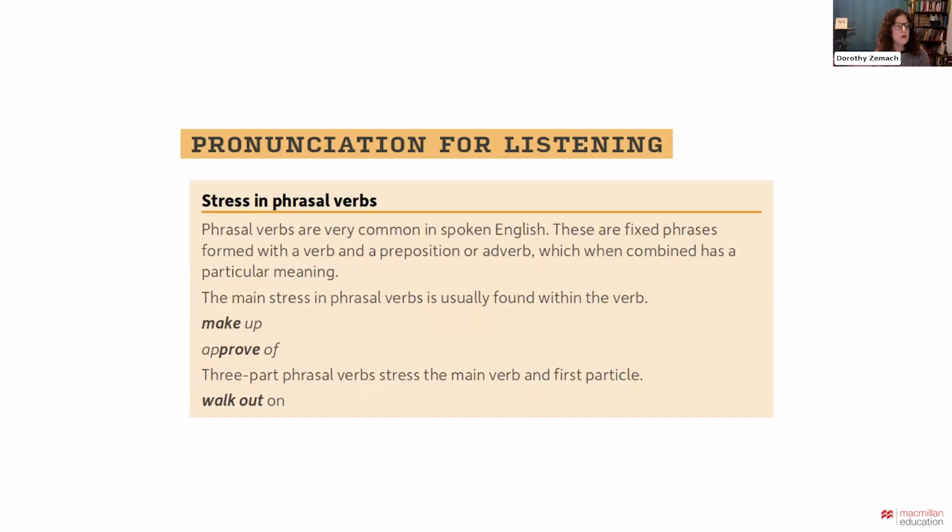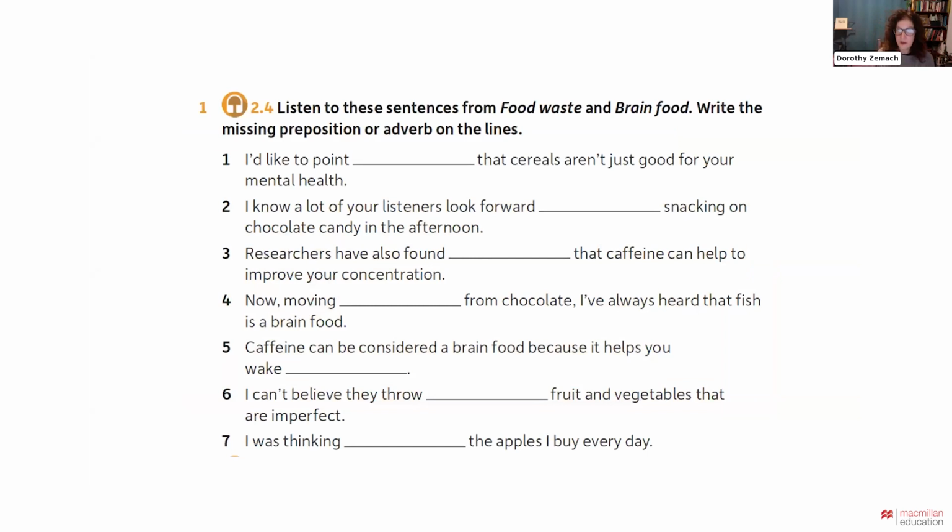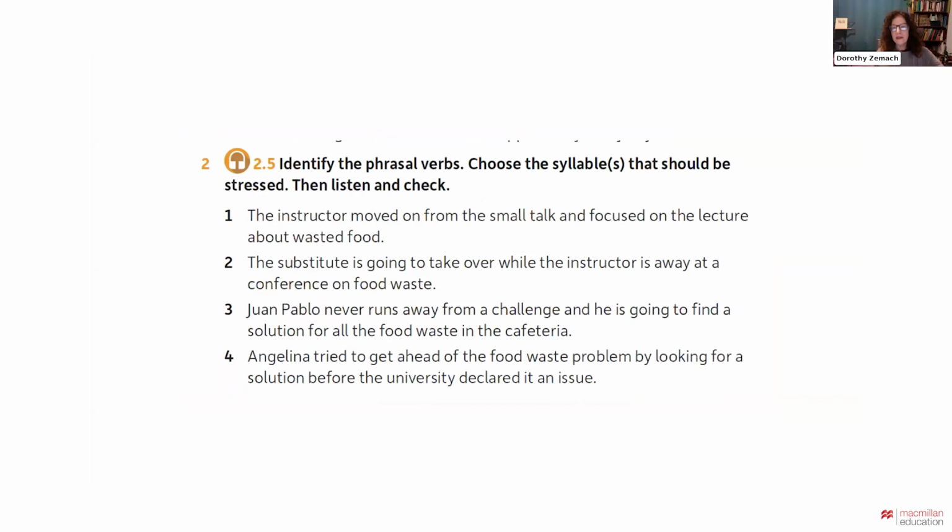And those prepositions at the end of a phrasal verb can be hard to catch if you're waiting to hear them emphasized in the same way that a verb is emphasized, and they're not. So we explain the pronunciation point, give them some listening practice where they're focused just on those points, and then move to a freer practice. Find the phrasal verbs yourself. What would you stress? Then listen and check.